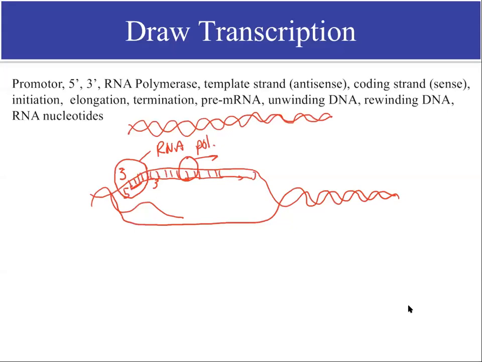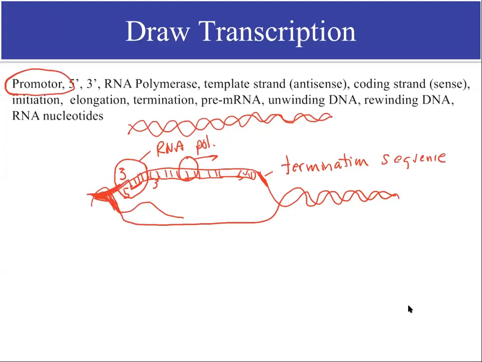until it hits, let's say we'll call that the termination sequence of the DNA molecule. So there's a particular region of the DNA called the promoter. Make the promoter right in here.